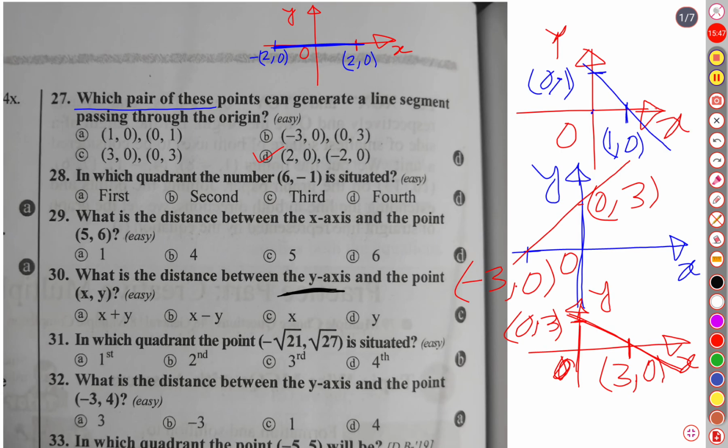After that, the next question: in which quadrant is the point negative square root over 21 and square root over 27? So let us draw one more. Look, this is the x-axis and this is the y-axis.